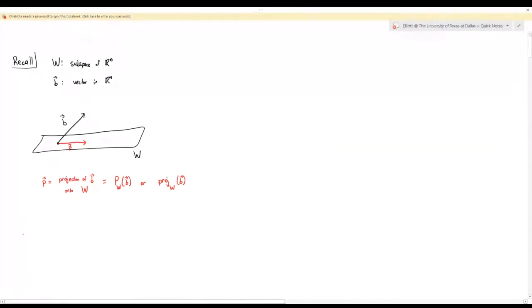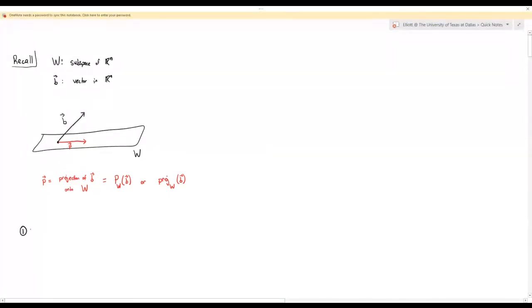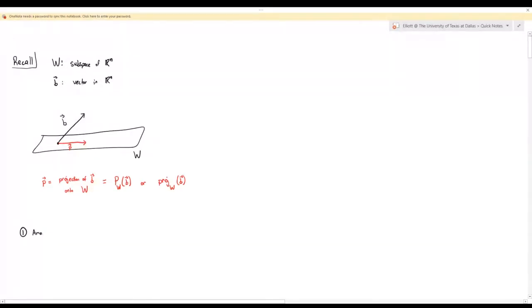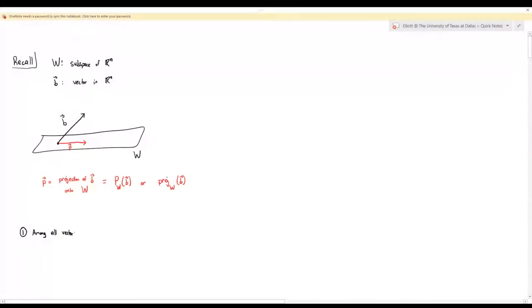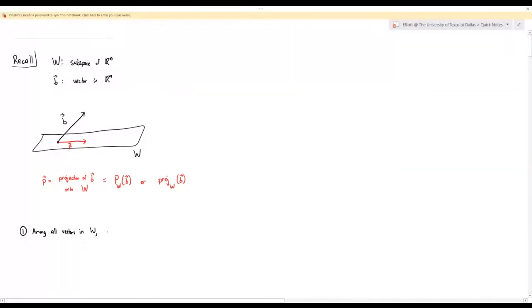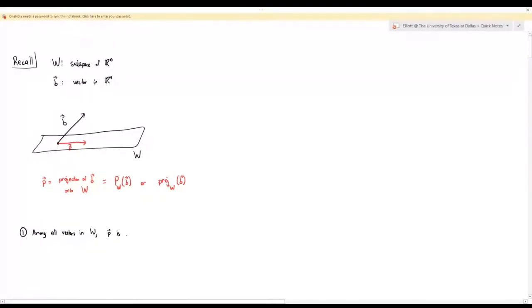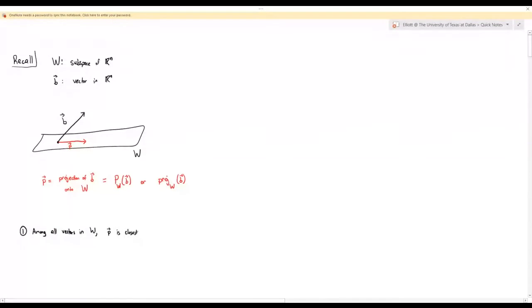So that's one of the key properties of the projection. So among all vectors in W, this projection vector is the one that is closest to vector B. Okay.